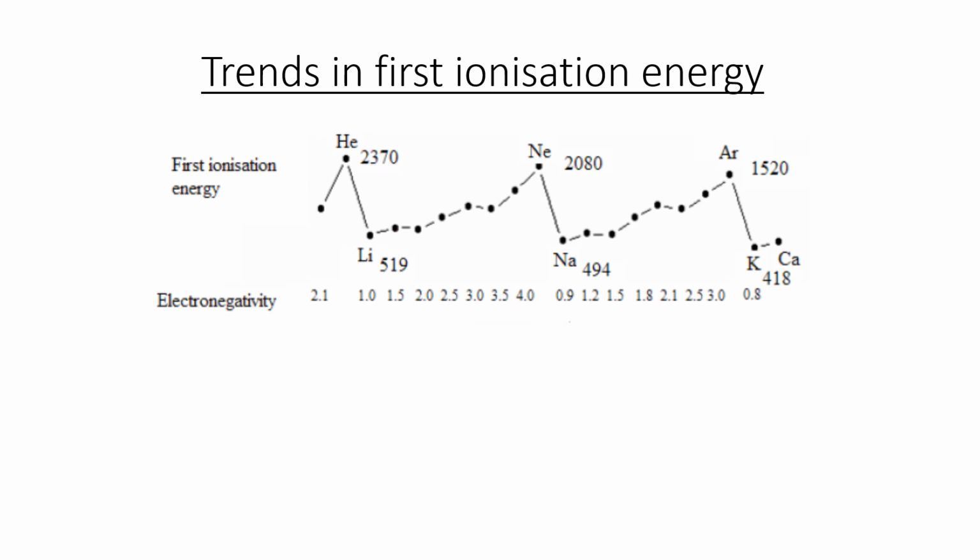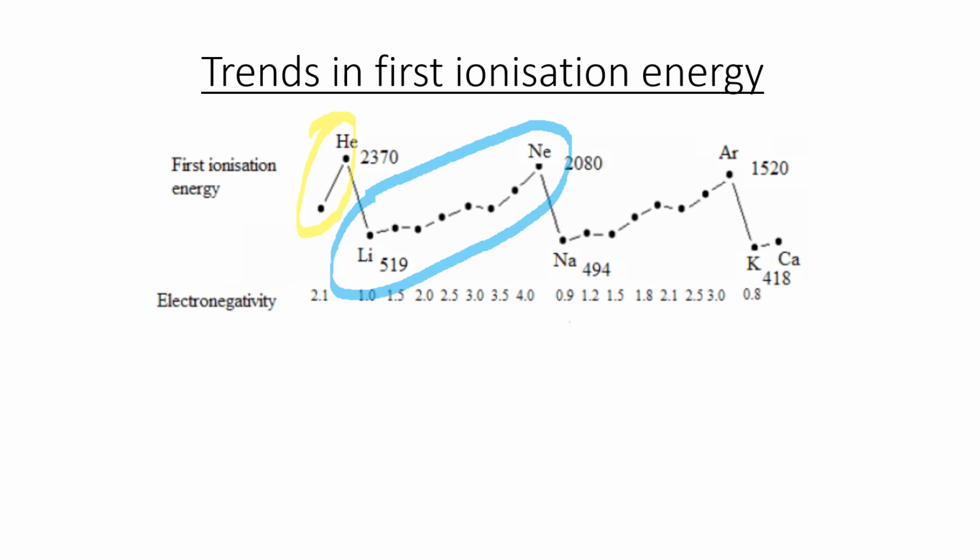The next thing we need to be able to explain is why we have such a big increase in general from lithium across to neon. The principle is pretty much the same as from when we go from hydrogen to helium. As you go across a period, the ionization energy tends to increase, and this is simply because we're putting more protons into the nucleus.